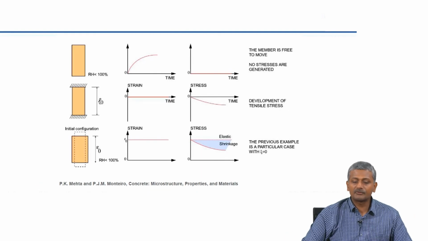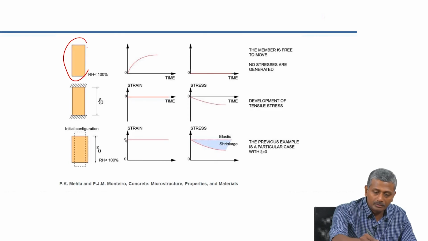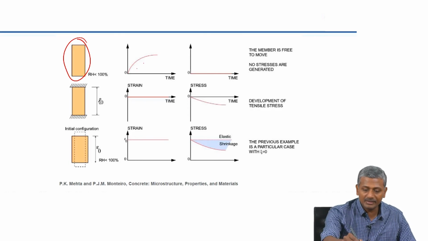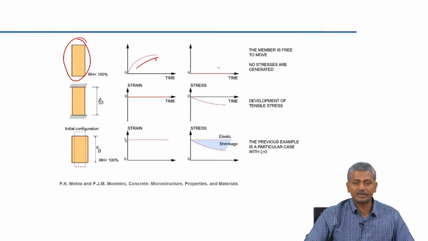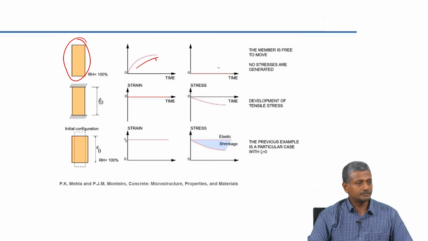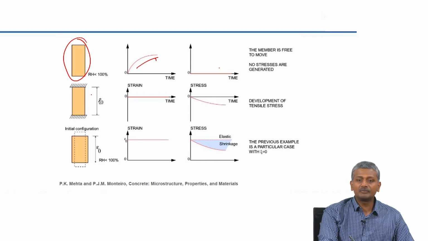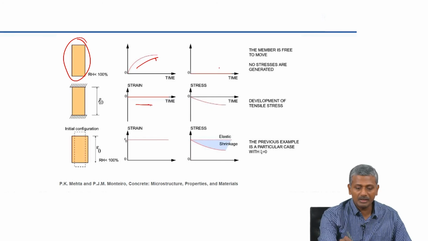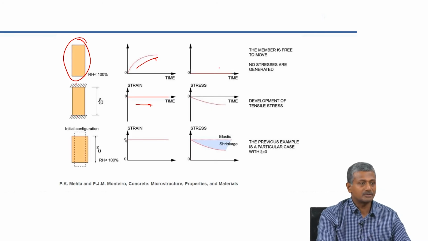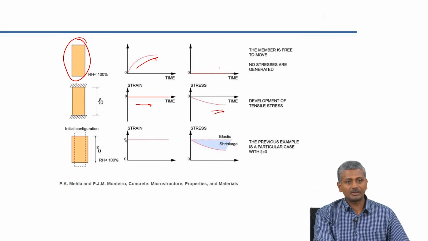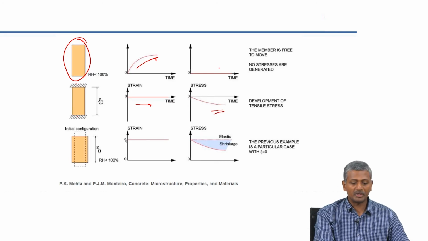Now, in the case of shrinkage, if your member is free to move, then obviously the strain keeps on developing with time, but there is no stress because there is no restraint at all. But if you have a restraint which is preventing free movement of the concrete, the strain is 0, in this case with restraint at both ends, and the stress keeps on developing in the material. And of course, when the stress exceeds your tensile capacity, there will be failure, or cracking in the concrete will be initiated.